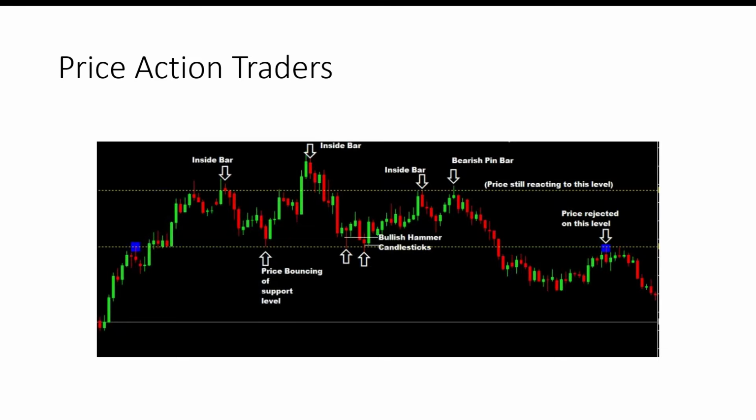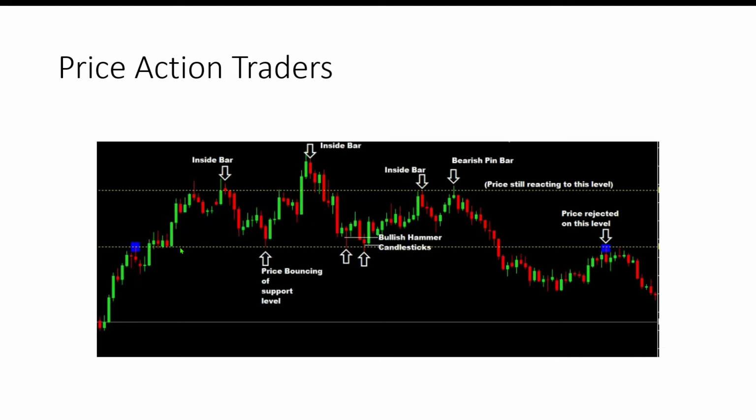So you may have heard certain traders and educators talk about watching for candlestick patterns such as inside bars, pin bars, and more complicated price patterns such as head and shoulders and double or triple bottoms, all those types of price action indicators that you could see on the charts. Well, that's what these guys would use to make their trading decisions as well.